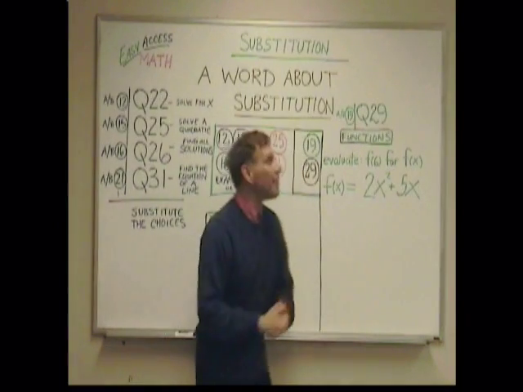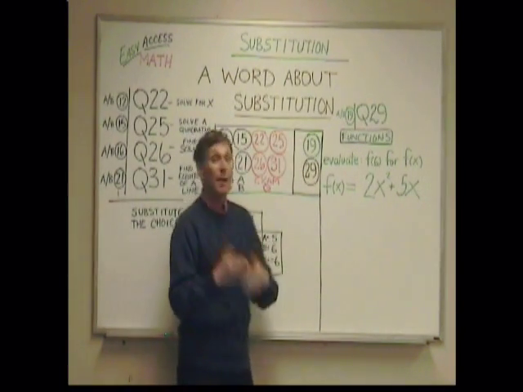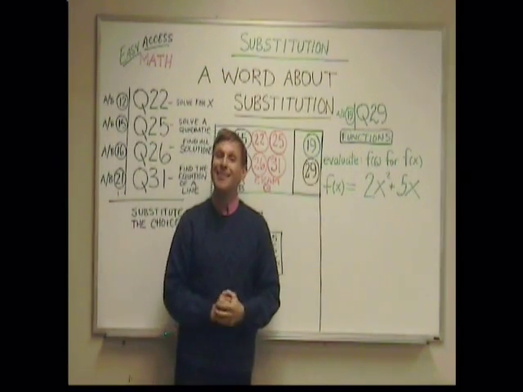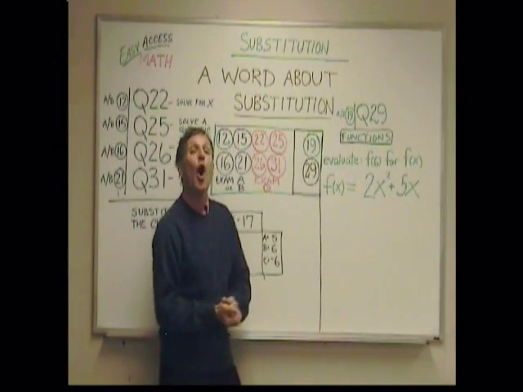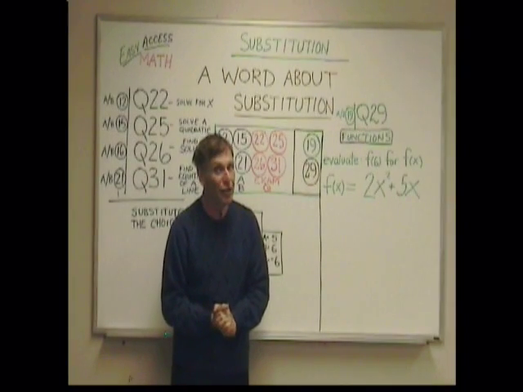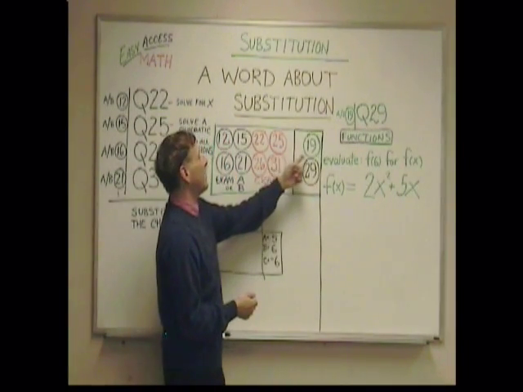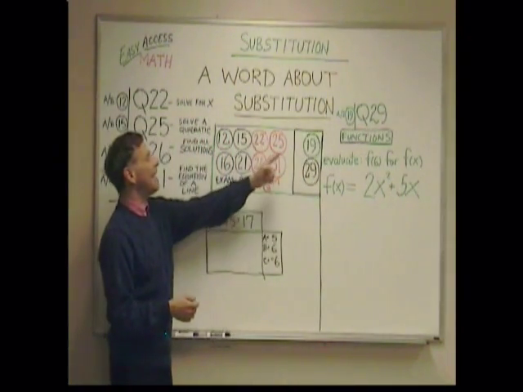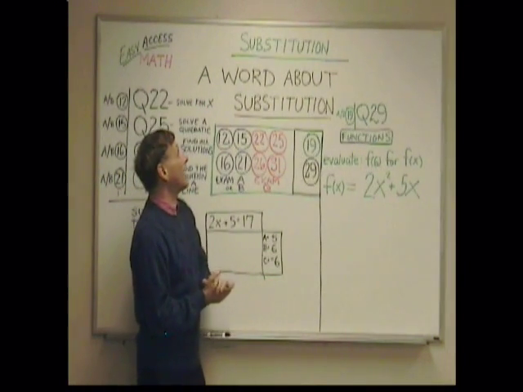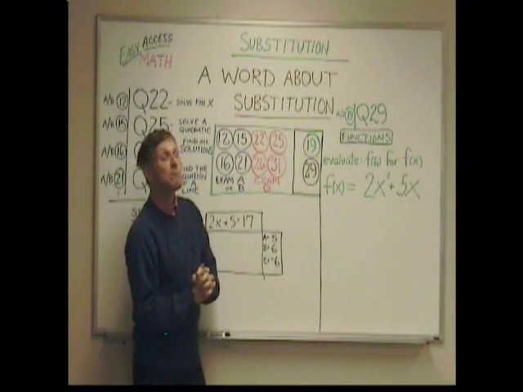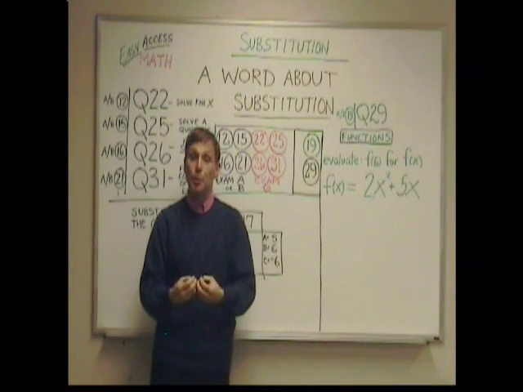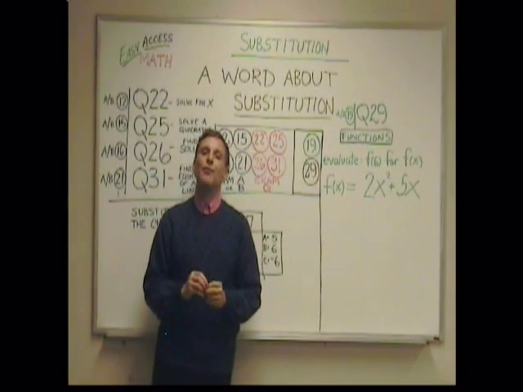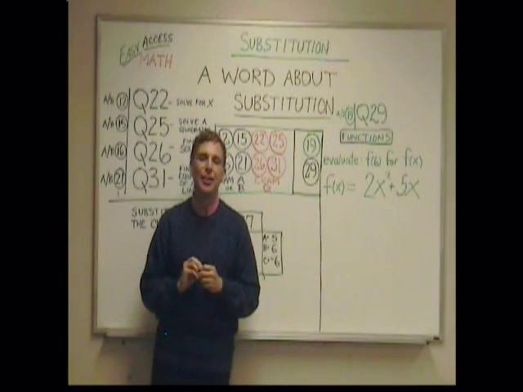Now, sometimes you're using substitution because that is the method. For example, if you have a question where you are evaluating a function, as with question number 19 on exams A and B, or question 29 on practice exam Q. These questions involve evaluating a function.